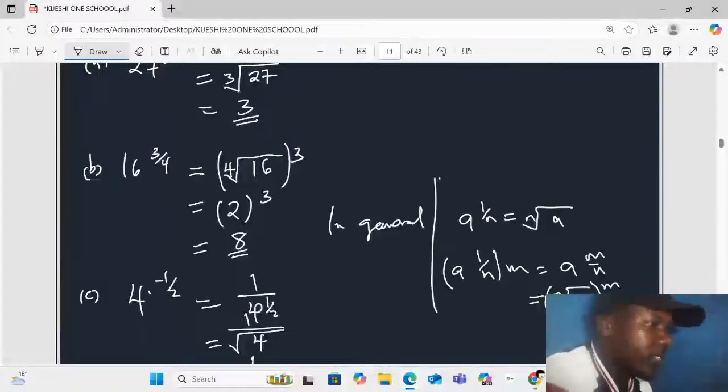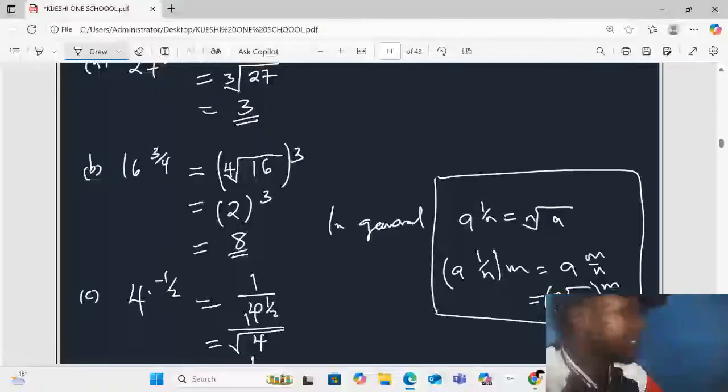So you can use this one, these formulas can help you.